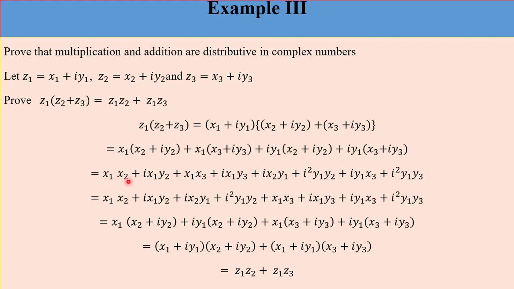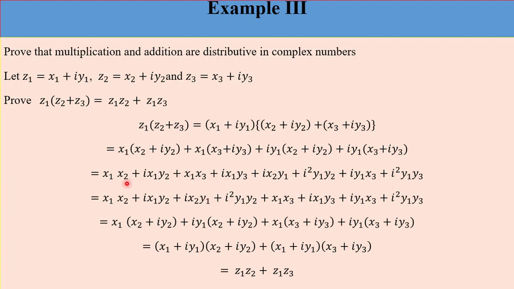We shall have x1x2, then plus ix1y2, then the next will be x1x3 plus ix1y3, then the next will be ix2y1, and next iy1 times iy2, which is i squared y1y2. Then we shall have ix3y1 plus iy1 times iy3, which gives us i squared y1y3.